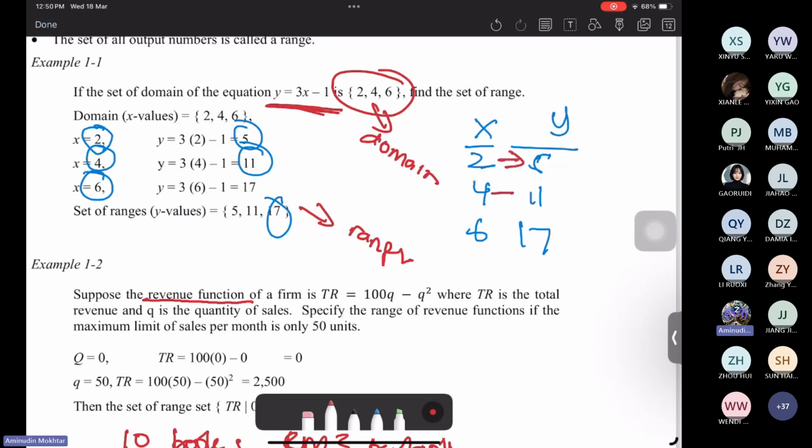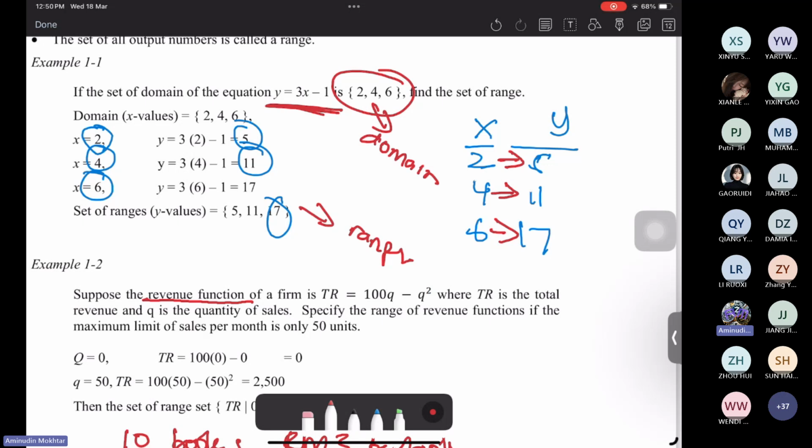When x equals 4, y equals 11. When x equals 6, y equals 70. One x produces one output, one y. There is a relationship between x and y.